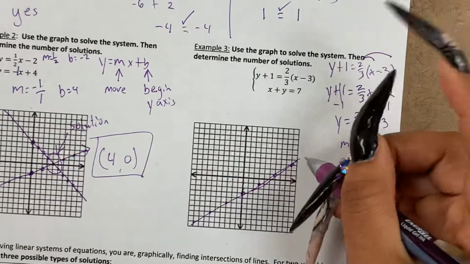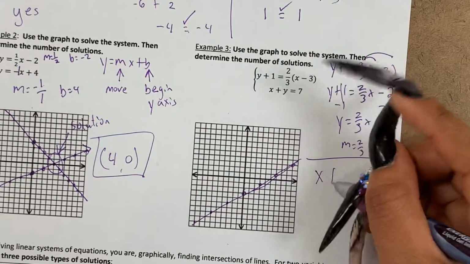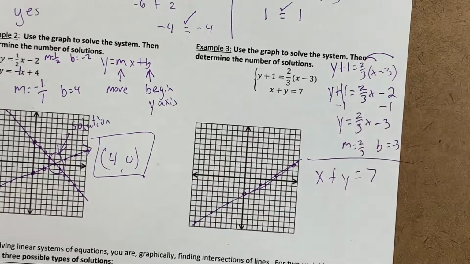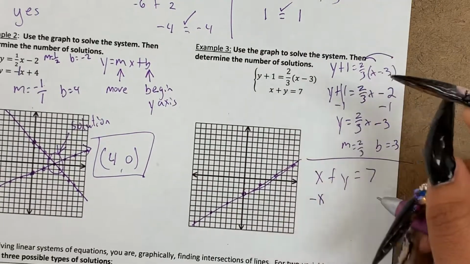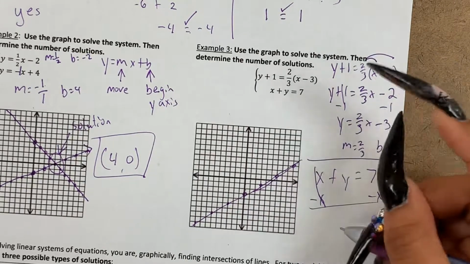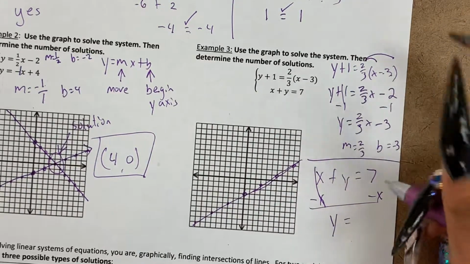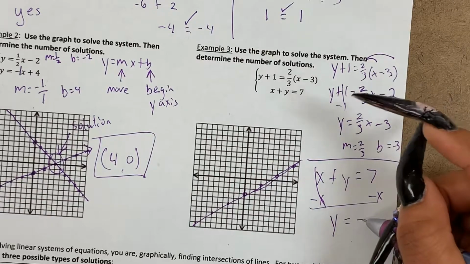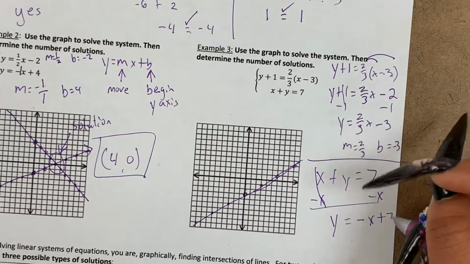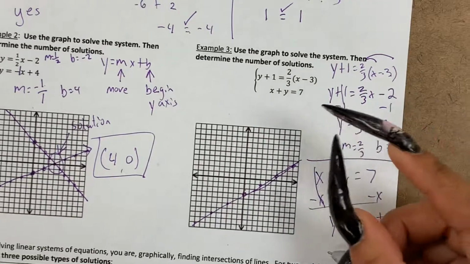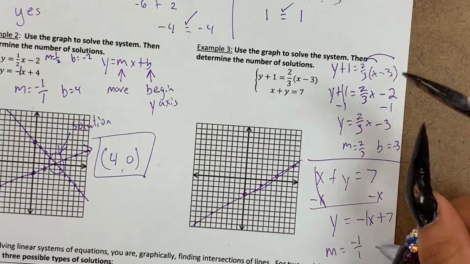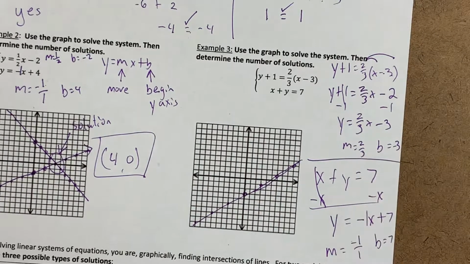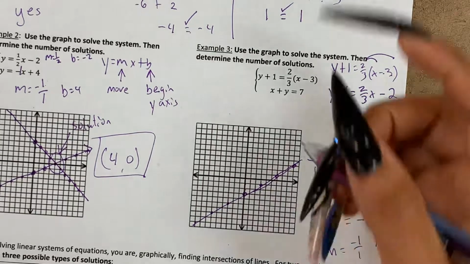Okay, with the second equation, we're going to solve for y. So I'm going to move the x, subtract the x on each side. So I have y equals, remember I cannot combine these, I just copy them down. So my m is -1/1 and my b is 7. So I'm going to begin at 7 on the y-axis.